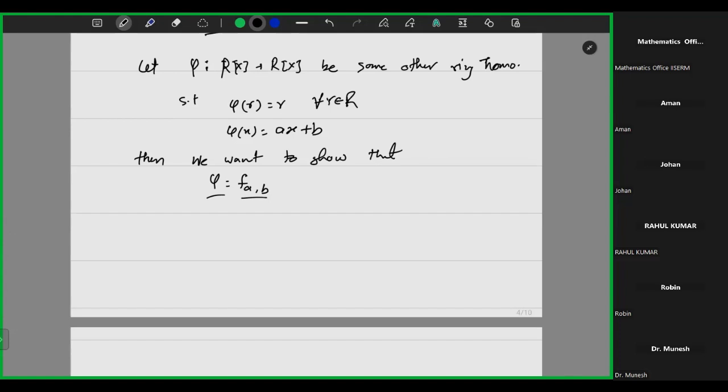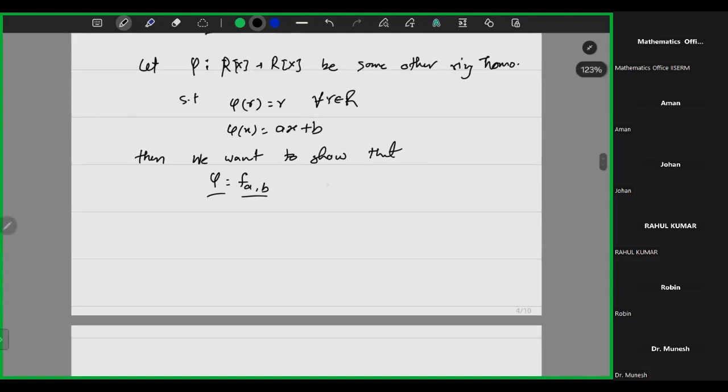If we can show phi of p(x), where p(x) is any polynomial, is equal to f_ab of p(x) for every p(x) belonging to the polynomial ring Rx, then phi and f_ab are equal. So f_ab is just the unique map with these properties.